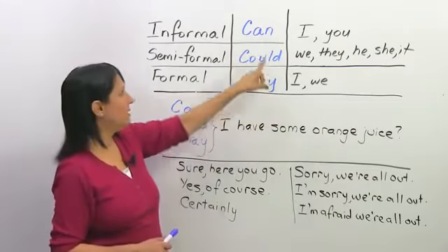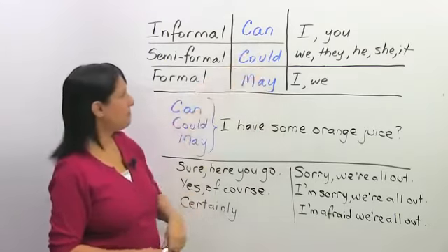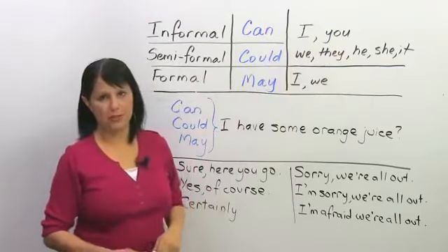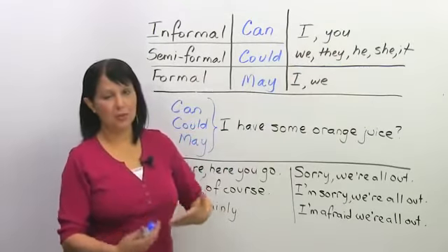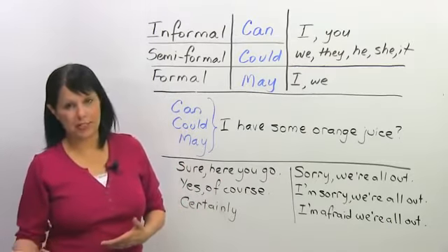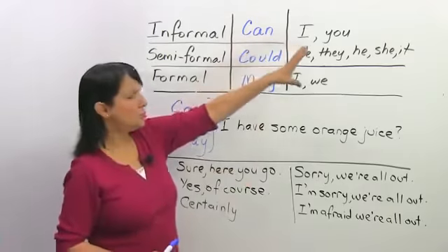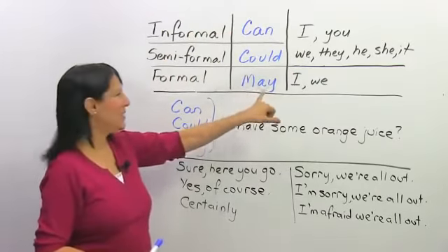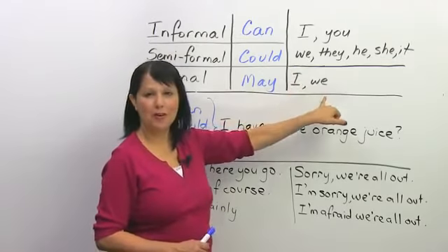Now, there is a little difference in terms of the grammar of how we use these 3 words. With can and could, we can use those 2 with all of the pronouns. So we can say, can I, can you, can we, could they, could he, could she, could it. You can use those with all of the pronouns. But when we come to may, we can only use it with I or we.